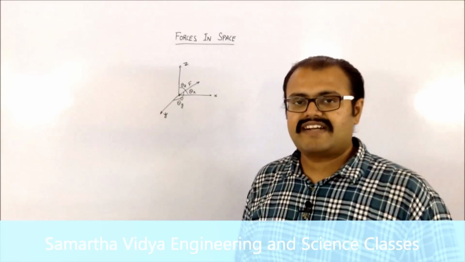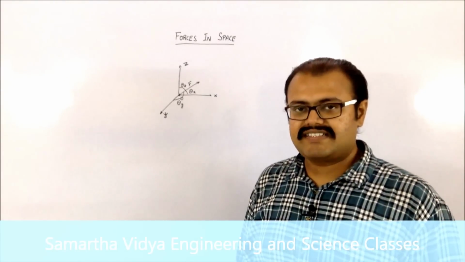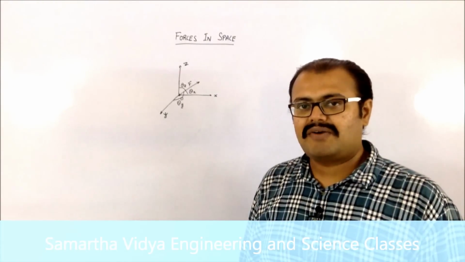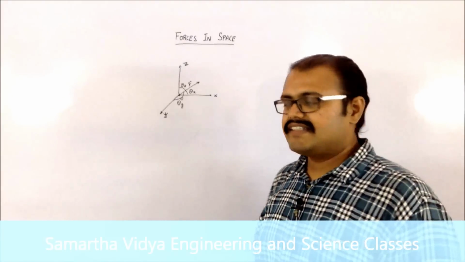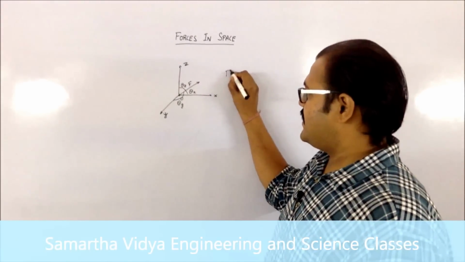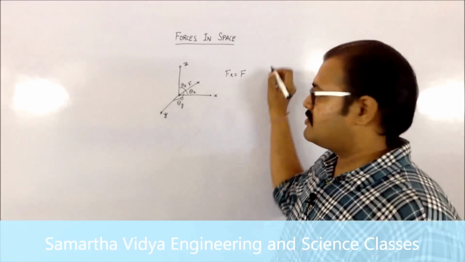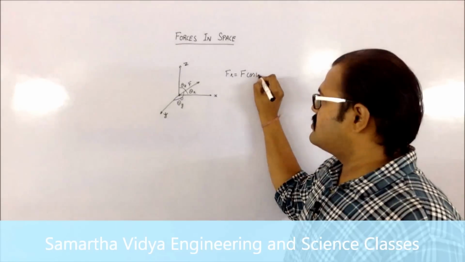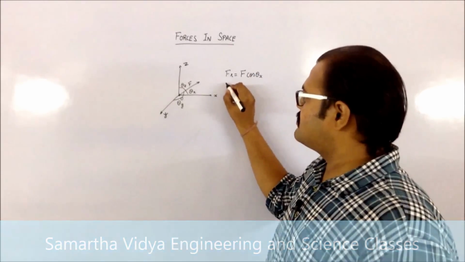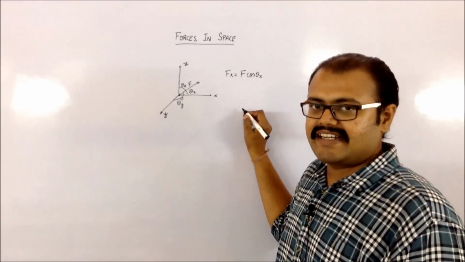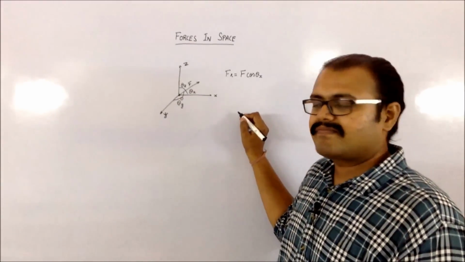So if I want to find the component of this particular force along the x, the y or the z, it would be given by Fx equals the magnitude of the force into the cos of the angle, that is, it was making a theta x with the x axis.